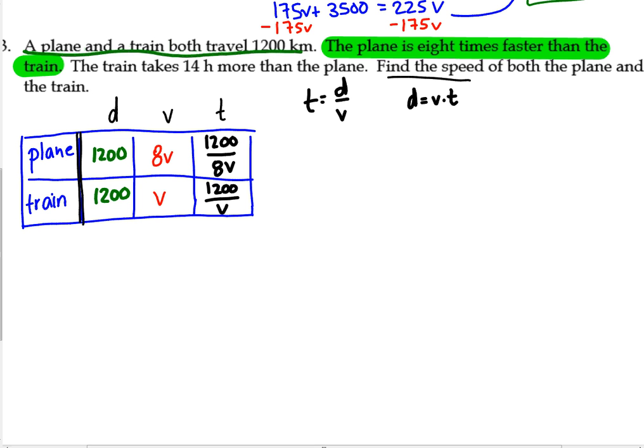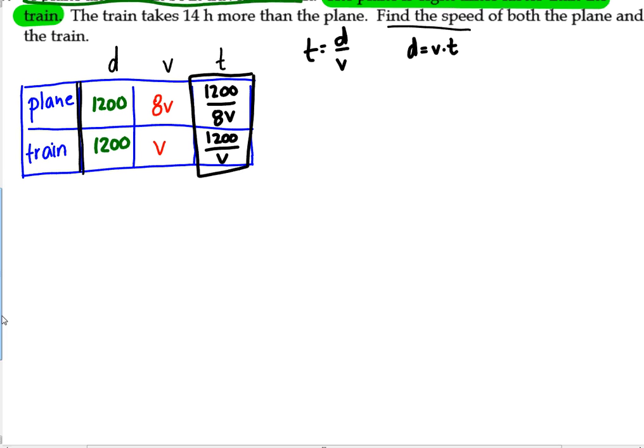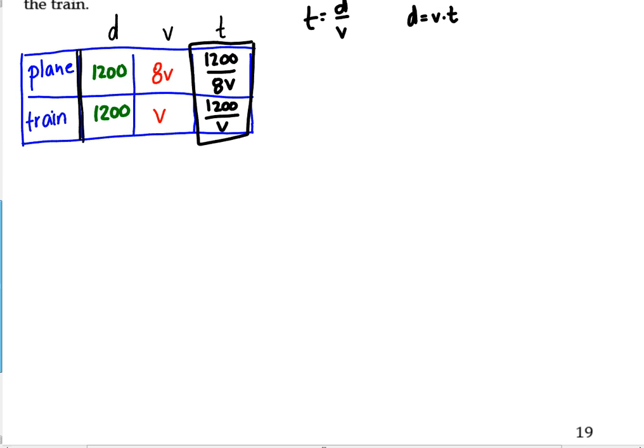We're going to use that last piece of information. So once we've used the formula, now we use that last piece of information to relate these two. It says the train takes 14 more hours than the plane. So, who's longer? The train. So the time for the train minus the time for the plane equals 14.